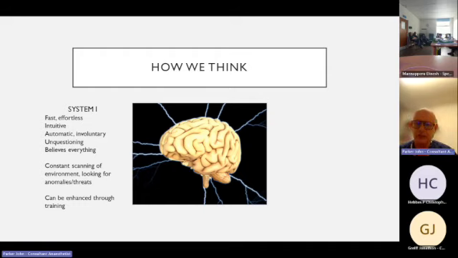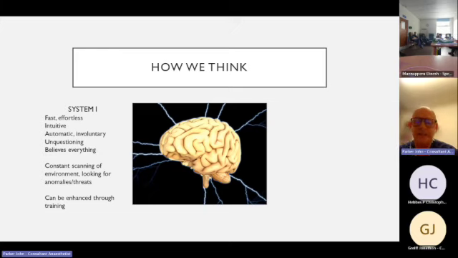It's constantly scanning the environment and looking for opportunities and threats, and it evolved from spotting predators in the bushes, so that you're not going to get eaten by a lion, and if necessary, take evasive action. So it's that automatic thinking going on in the background that's keeping you safe, and looking out for any tasty morsels that might be there to eat, or any other treats.